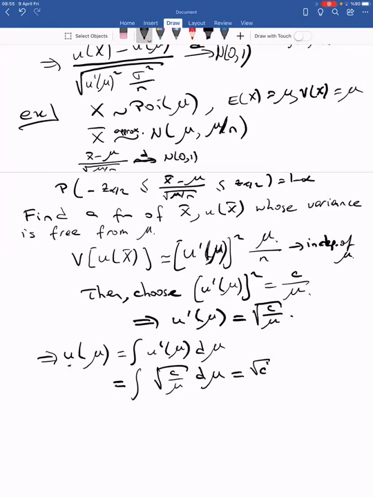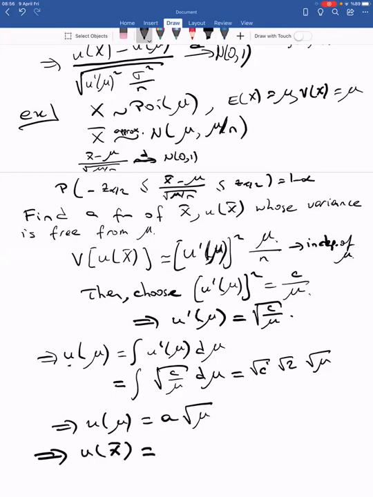So we have the square root of mu, and we can say that our function can be written as some constant a times the square root of mu. This is a function of x bar, and without loss of generality, if we choose this as the square root of x bar, with a equal to 1, then the variance of u of x bar will be independent from mu.